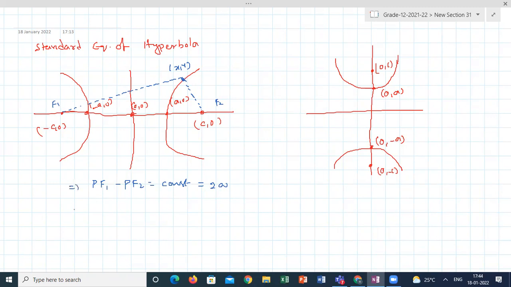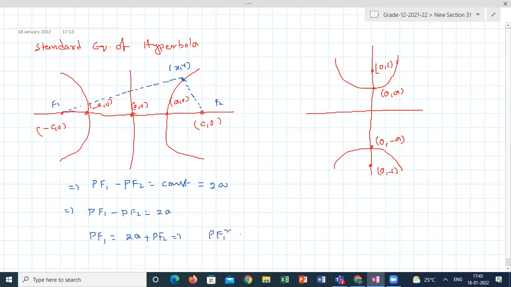Yes, sir. So PF1 minus PF2 is equal to 2a. PF1 is equal to 2a plus PF2. Square on both sides.